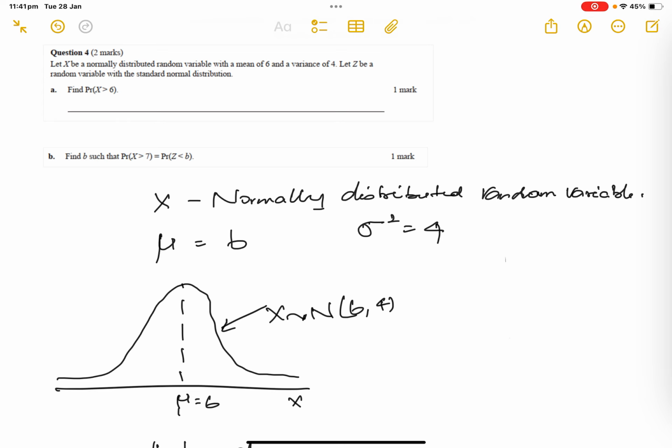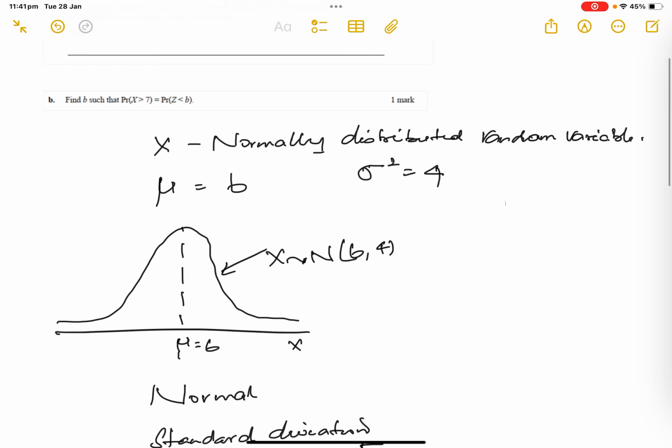X is a normally distributed random variable, and the mean value is given. The notation we normally use is mu. Mu is 6, and the variance, the standard deviation squared, sigma squared, is 4.